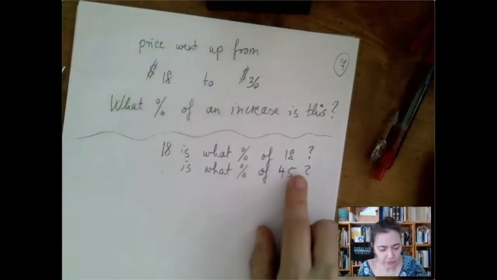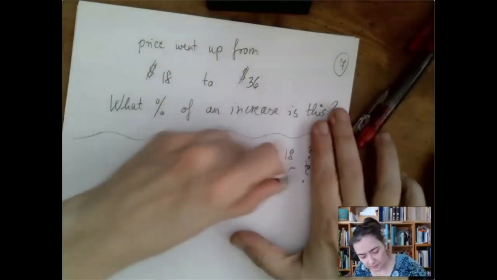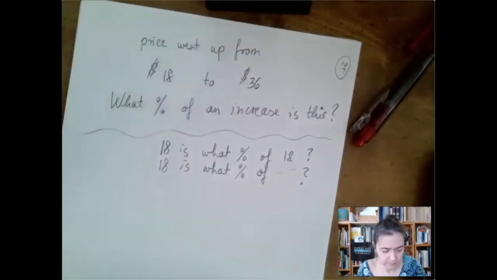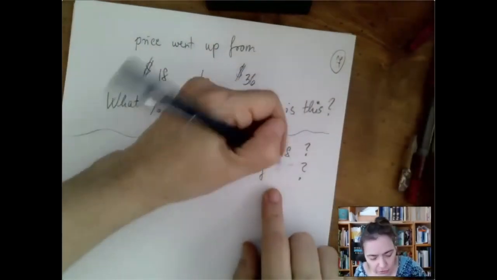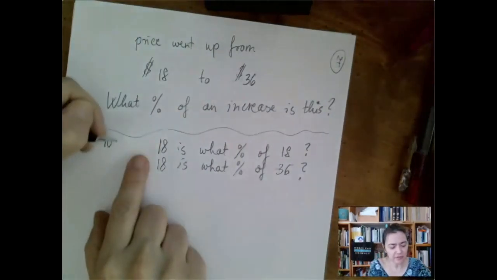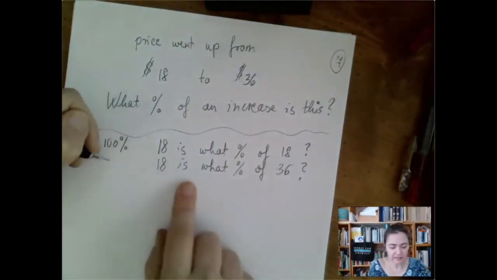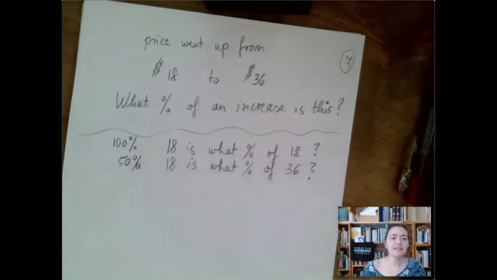It's what percent of the original, or 18 is what percent of the new one, right? Now, there is an easy answer to this, 100% and 50%. Can you see 18 equals 18? So when someone doubles the price, is that a 50% increase or a 100% increase? We could go either way.